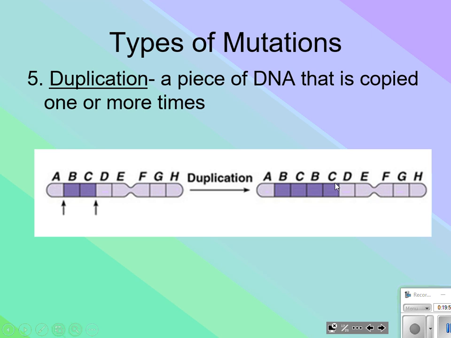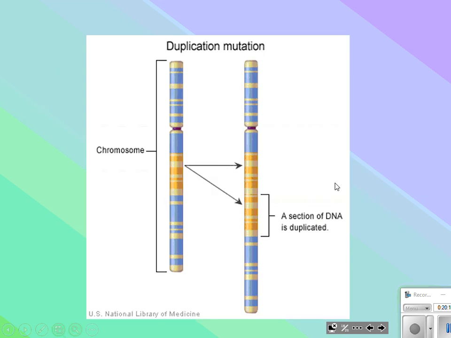So it could be A, B, C, B, C, or could be A, B, C, B, C, B, C, B, C, B, C, B, then go D, E, F, G, H. Okay, so it could copy multiple times, not just that one. Now, if you look here, I have a section of DNA right here on this chromosome.